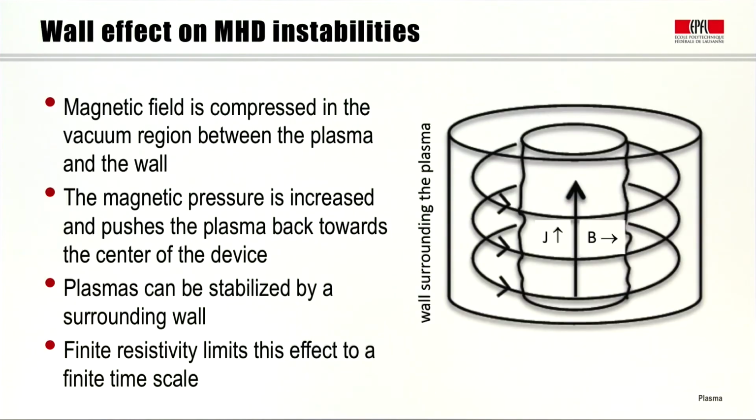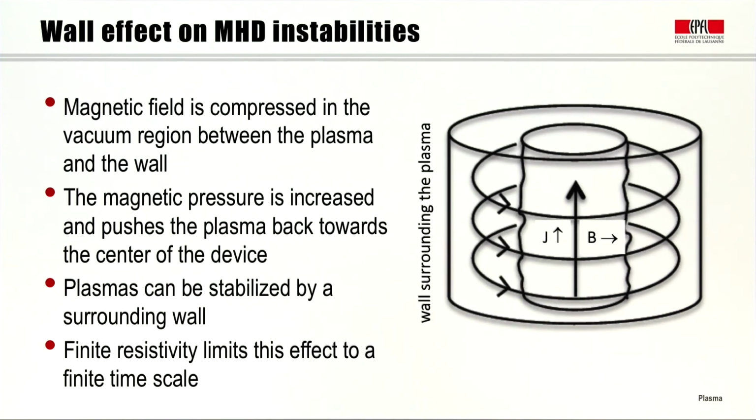We can now go back to the effect of the wall on MHD instabilities. The magnetic field, when the plasma is pushed towards the wall, cannot penetrate into the wall, so the magnetic field is compressed in the vacuum region between the plasma and the wall.